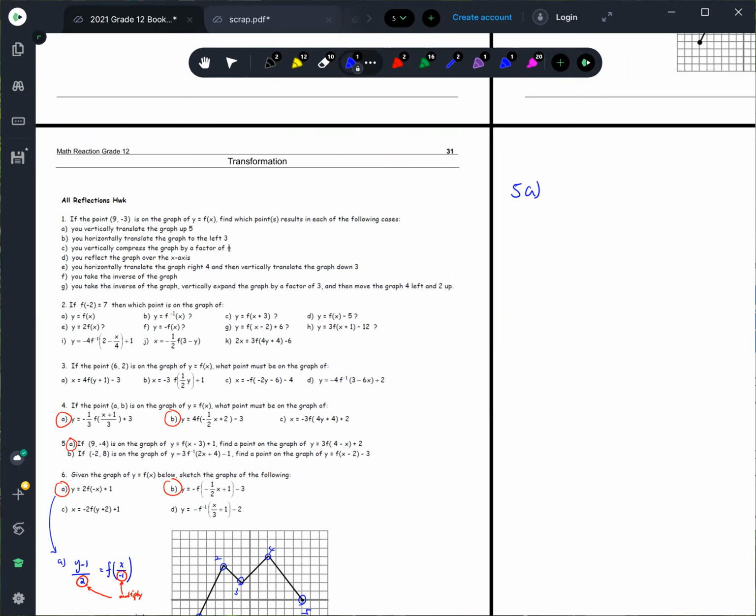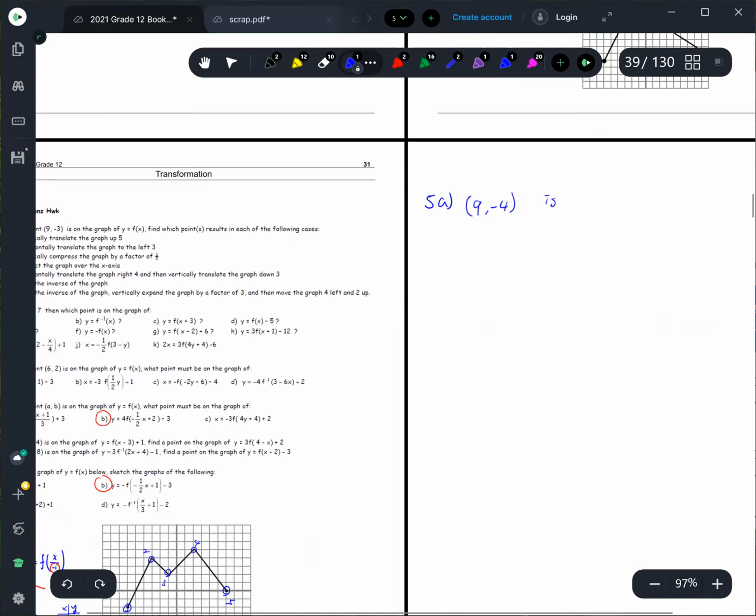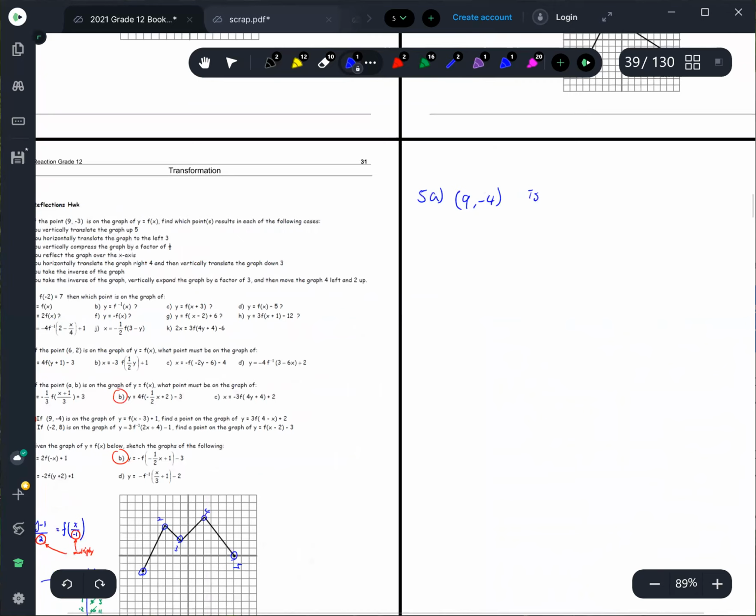Okay, we'll look at 5A. 5A, we have 9, -4 is on y equal f of x minus 3 plus 1.